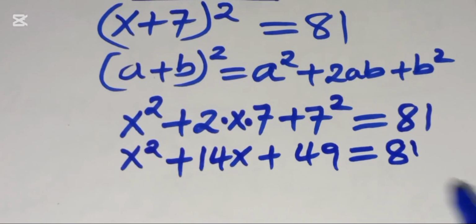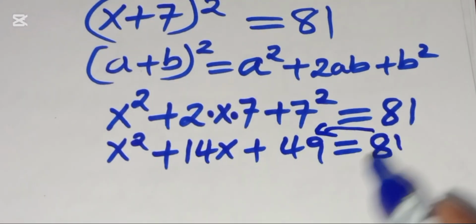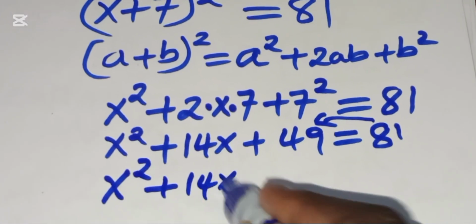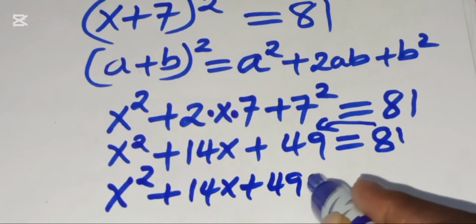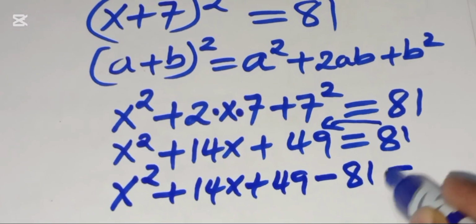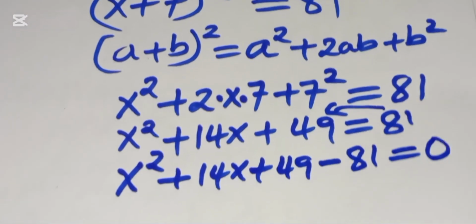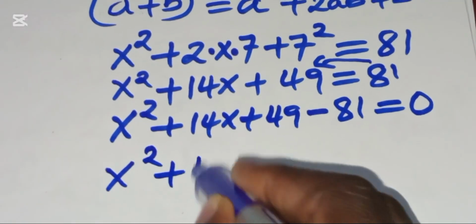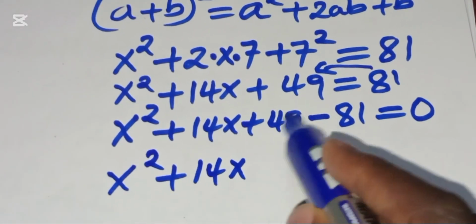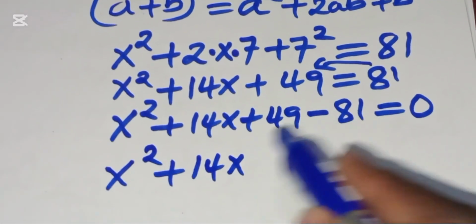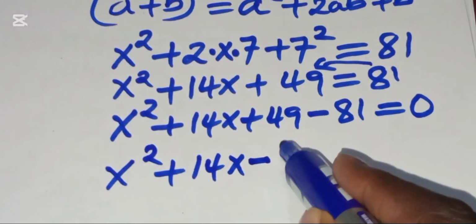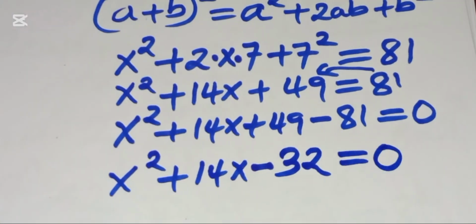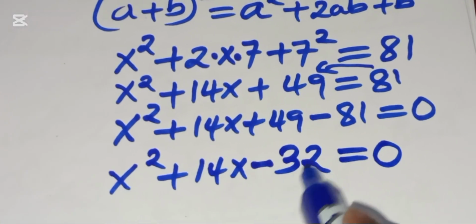Now we take 81 to the left hand side, so we have x² + 14x + 49 − 81 = 0. Now 49 − 81 is −32, so x² + 14x − 32 = 0.